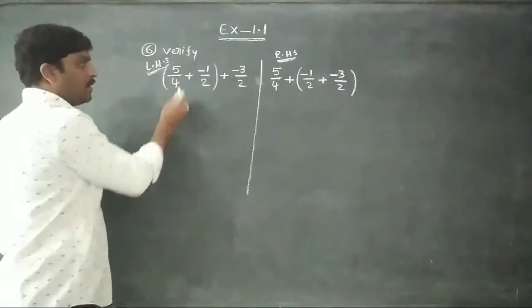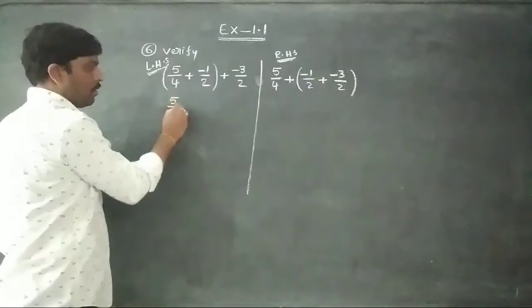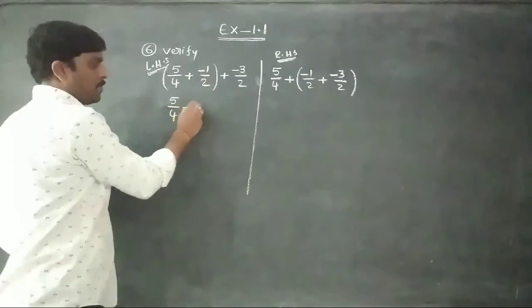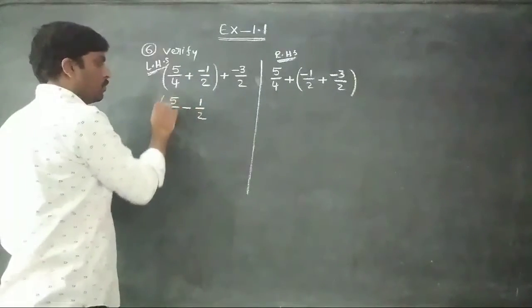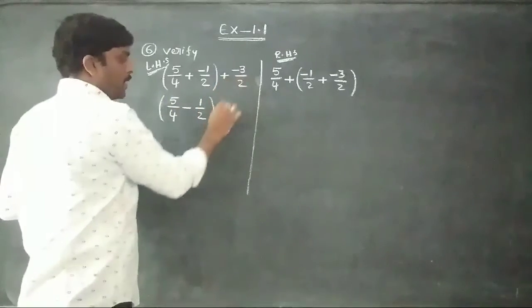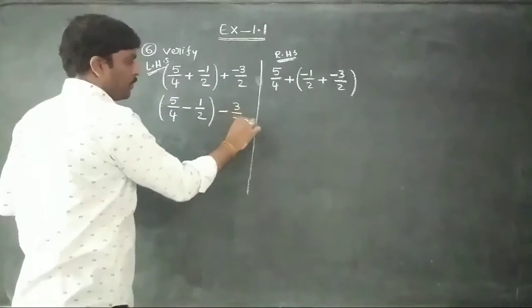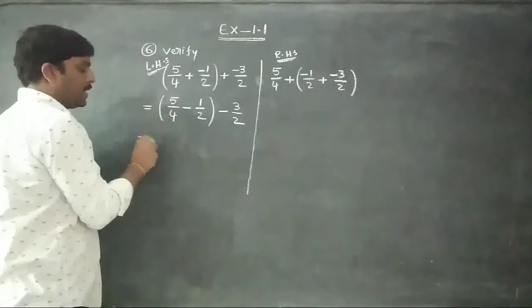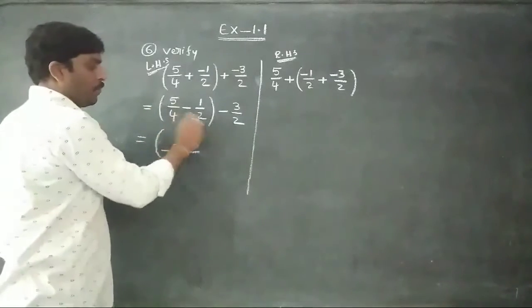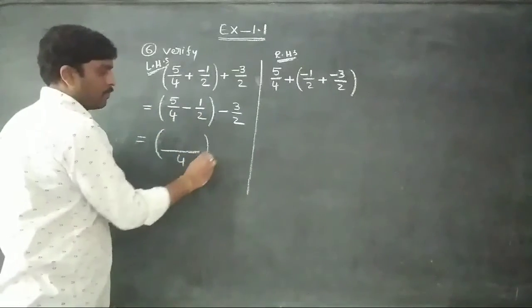Here in the bracket: 5 by 4 plus minus 1 by 2 plus minus 3 by 2. Now in the bracket take the LCM. The LCM of 4 and 2 is 4.